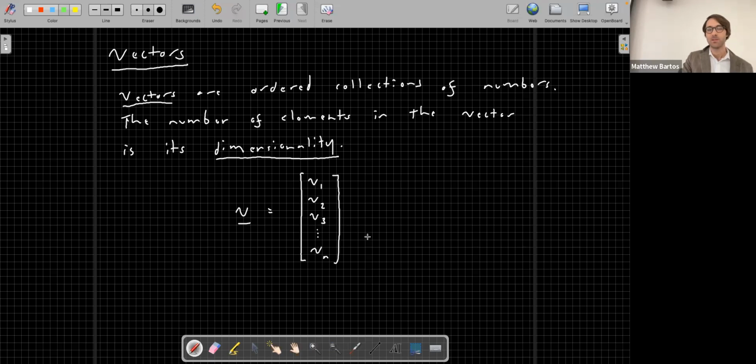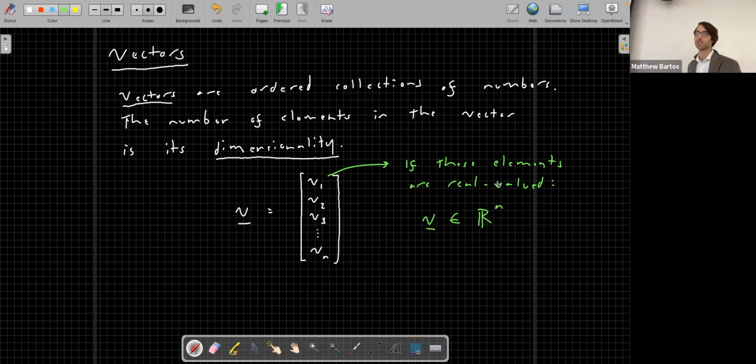So I talked about the elements inside the vector. If these elements are real valued, we'll say that our vector v is in Rn. So who remembers what Rn means from last class?